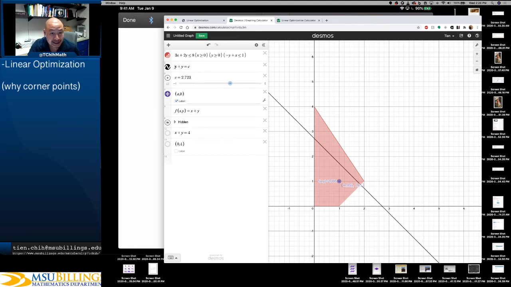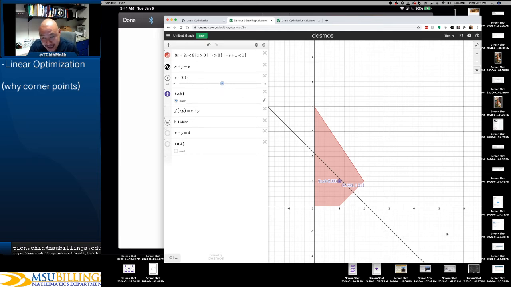So let's take a look at this. x plus y is equal to c. And I don't know what c is. But for any value that c could have, that comes with a line.